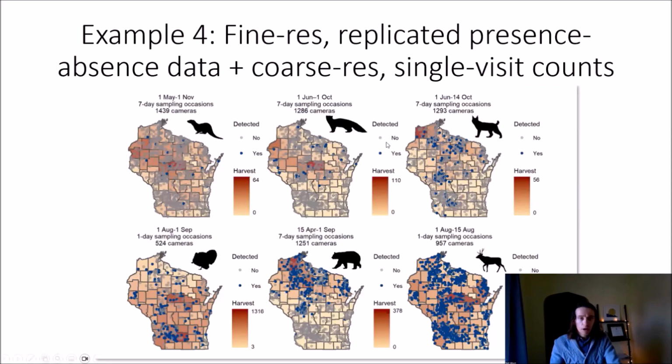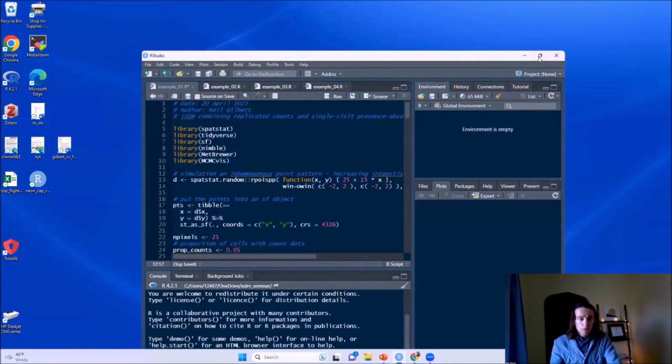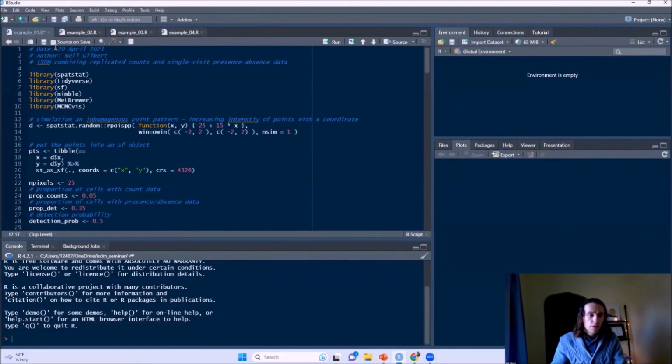So with that, I will move over to my R script. I'll be starting here with example 1. This is an iSDM that combines replicated counts and those single visit presence absence data. I think maybe the easiest way to do this is I'm just going to run the code here to simulate the data, and then we'll look at some visualizations of the data so you have an idea of what the data going into this are.